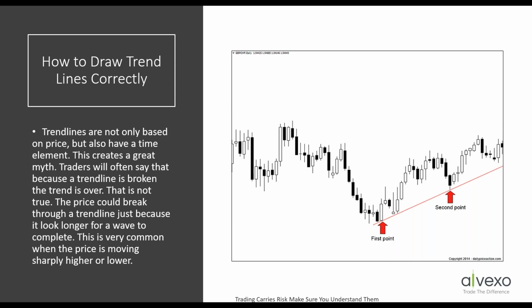It means that trend line is no longer valid. This is very common when price is moving sharply higher or lower. All it means is you have to draw a new trend line connecting those lower lows to the current low, now that price has broken through it, to qualify and quantify if that trend is continuing.